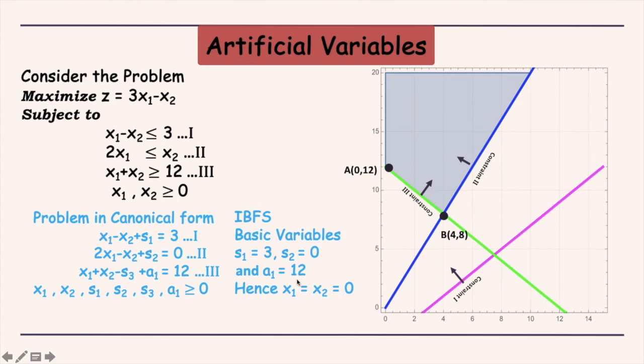As long as your artificial variables are in the system, you are not touching the feasible region of your original problem. You are outside the feasible region, and you would notice that when you solve this problem by simplex and these artificials get eliminated, then ultimately you are going to reach the corners of the feasible region. Depending on which corner is the best one, you are going to get the finite solution in case it has a finite solution, or else you may get an unbounded solution.